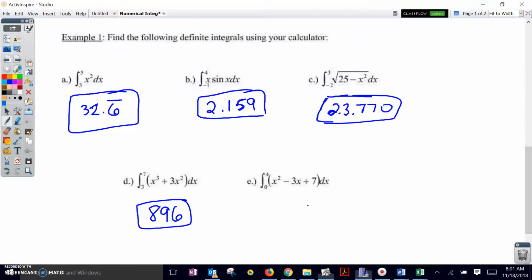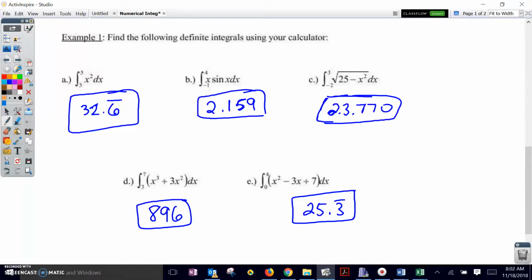And we get 25.3 repeating. And so this is a nice tool for us to calculate the values of definite integrals of any function. And this is actually one of the things that you're allowed to do on your AP exam without showing any work. If you have an integral like this on a calculator section, just go ahead and type up the numerical integral and use that to find the value.